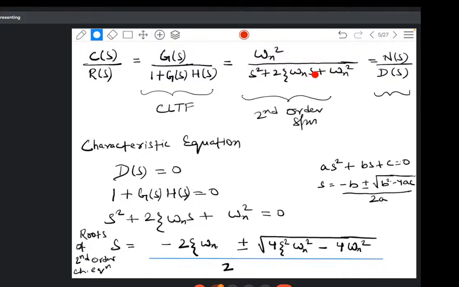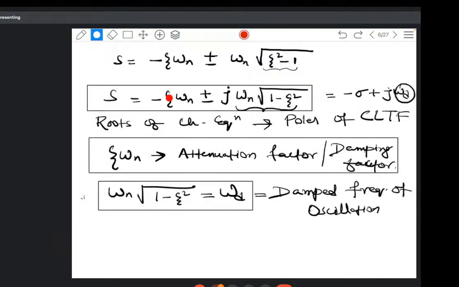That is minus zeta omega n plus minus j omega n under root 1 minus zeta square. So this formula you should remember. Zeta omega n is called the attenuation factor and this is called omega d. Okay, so minus sigma plus minus j omega d. So this is what you are getting as your roots.